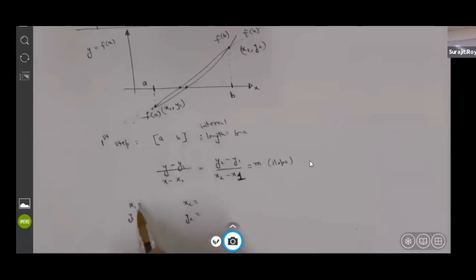Yes. So can you tell me what will be x1 and y1 in terms of a and b? So your y1 would be your f of a. Okay, and what is x1? Your x1 would be just a. A, correct. Okay, great.